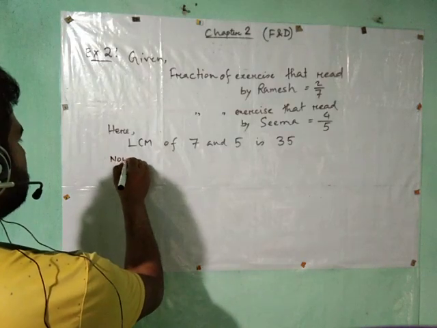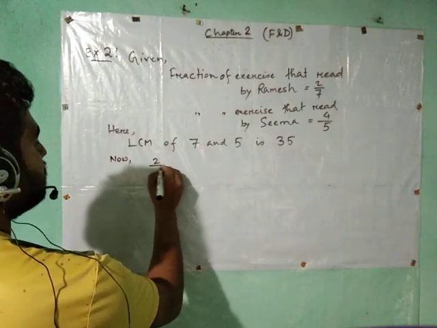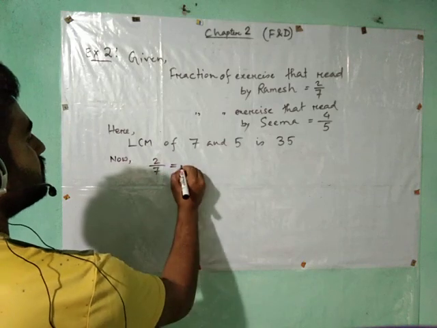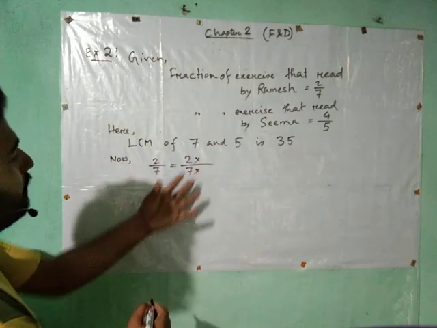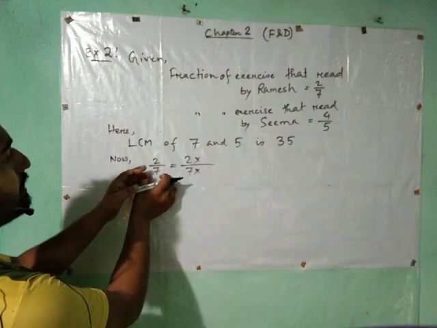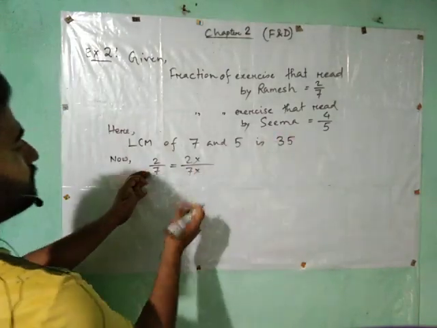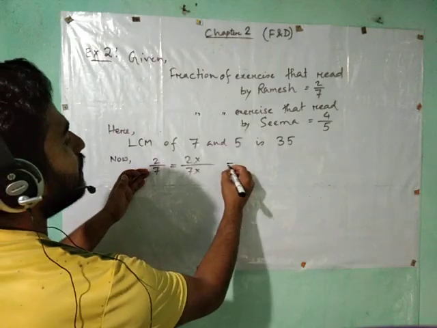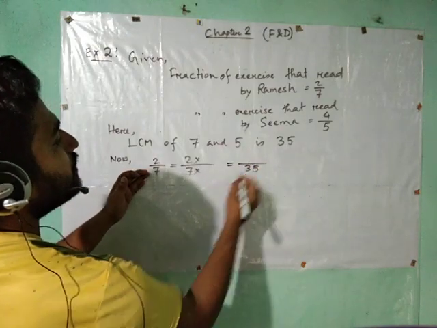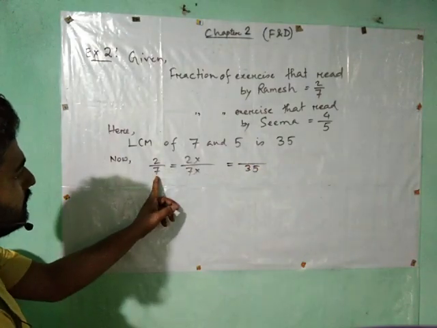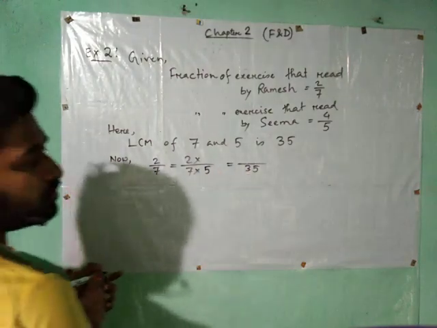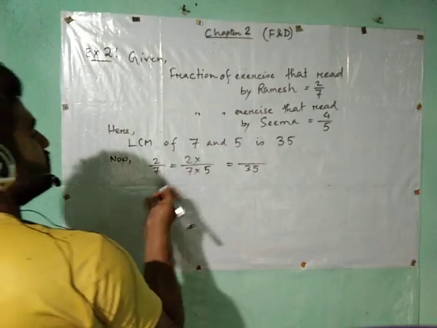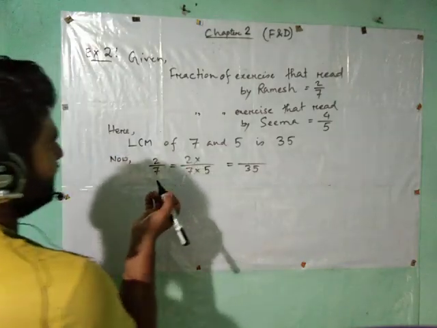Now write down 2/7 equals how much? Convert this 7 into 35. How will I get 35? If we multiply 7 by 5, then I will get 35. Yes or no? Do you agree?